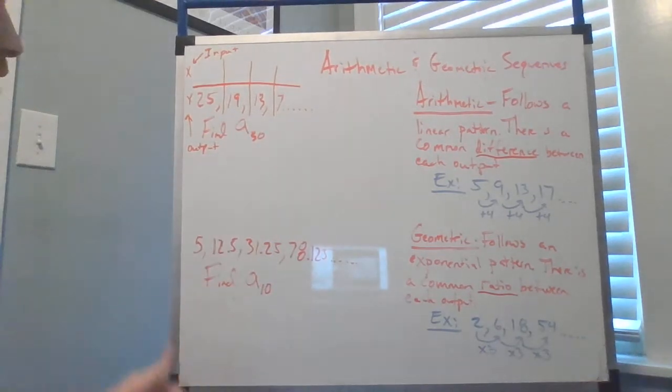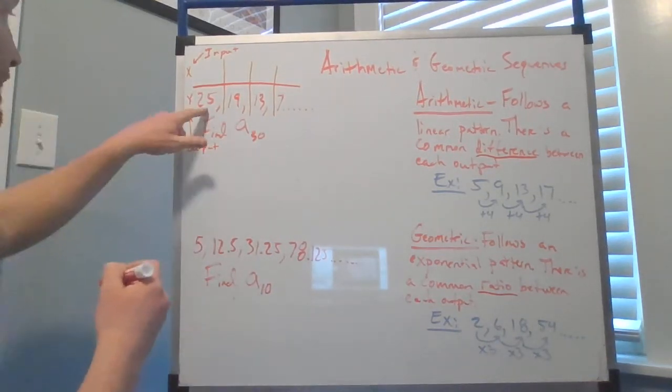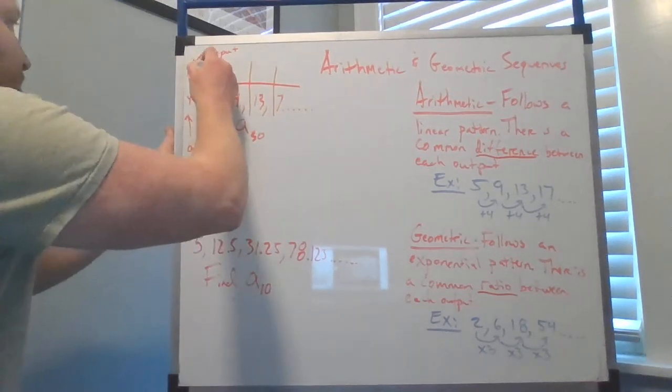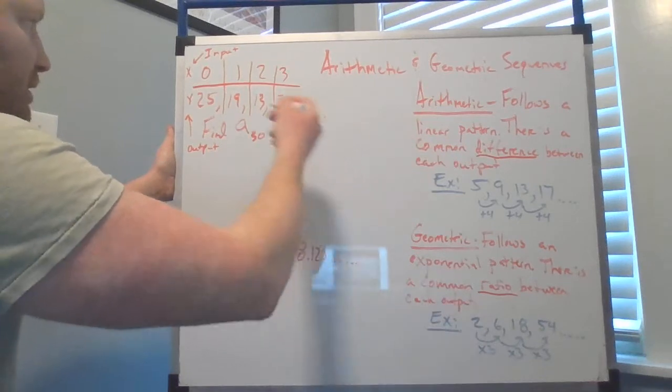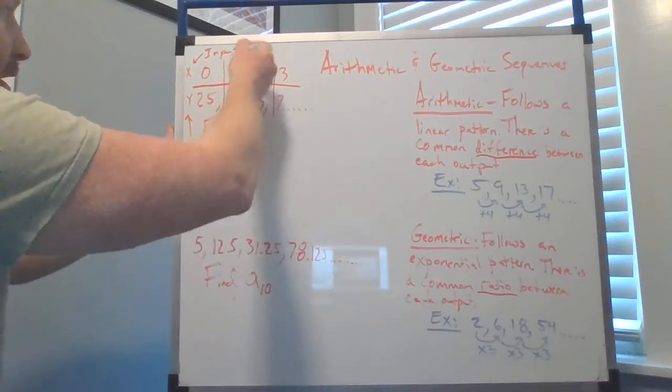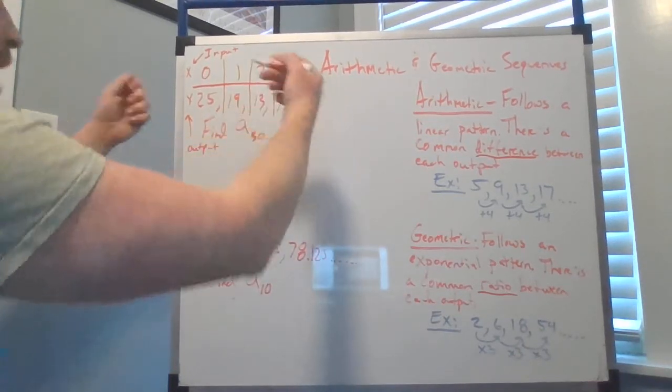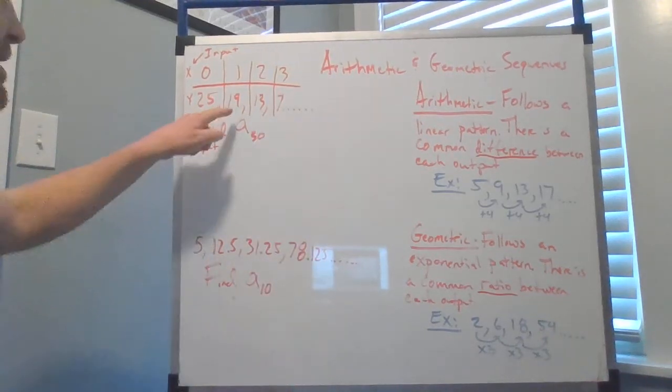Okay? Be comfortable with this language. Now, this is the initial term, the first one I see, so this is my 0 term, my first term, my second term, my third term, and so on. So what it's saying is when my input is 1 into whatever this equation is, my output, the answer I get from this equation, is 19.